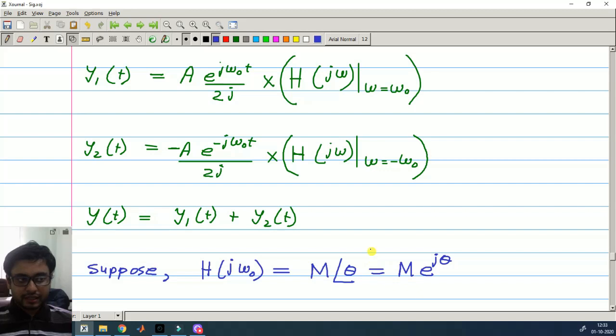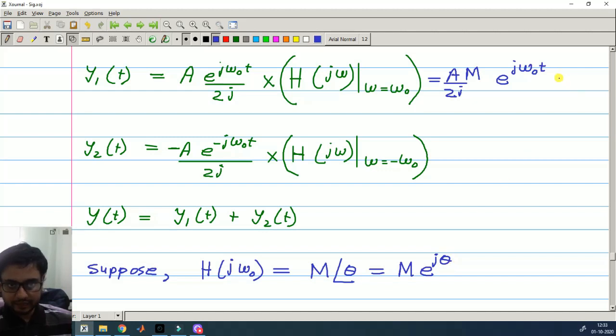Okay, then y1 will be equal to a by 2j e to the power j omega naught t, this, then multiplied with m, right, and then multiplied with e to the power j theta.